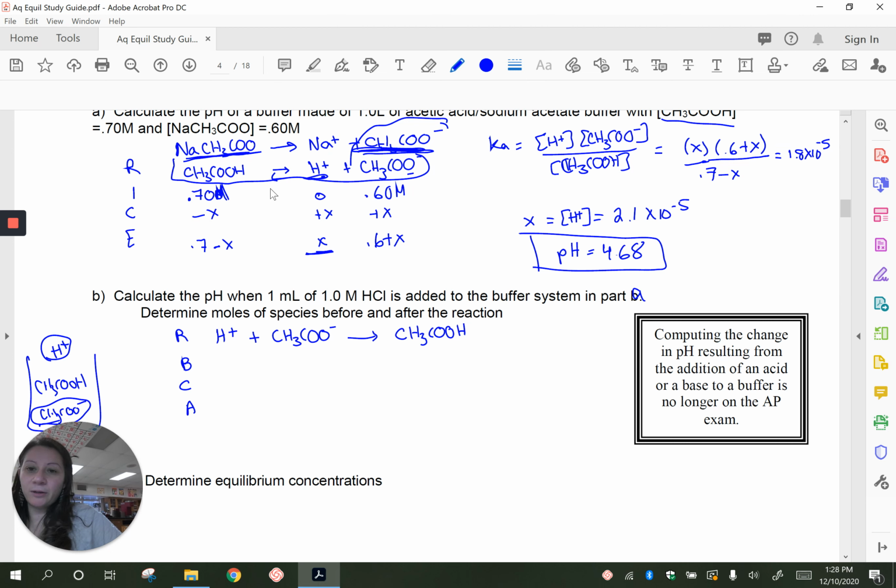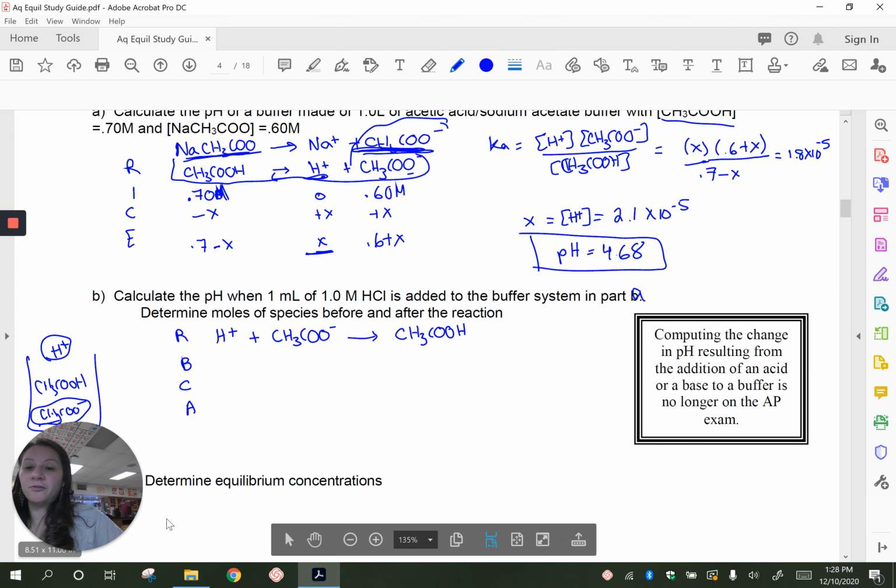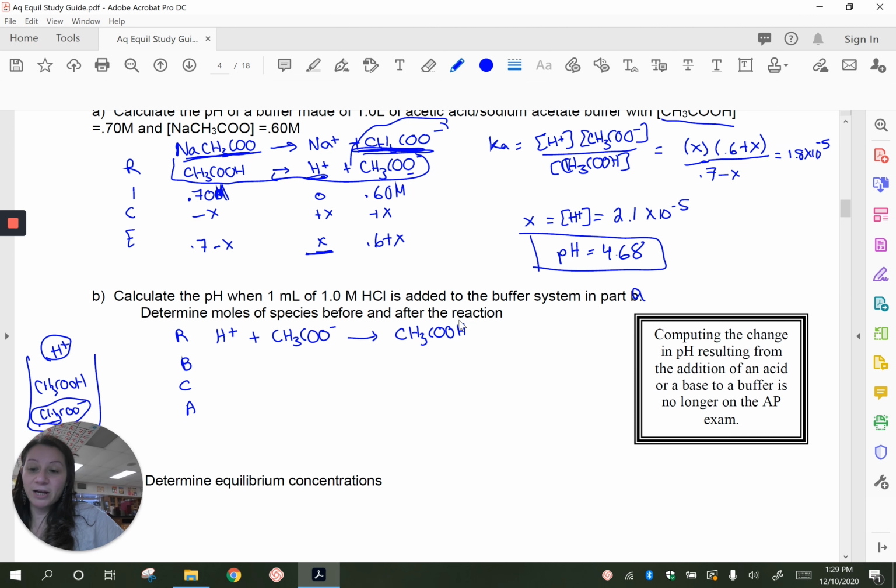This is an equilibrium, meaning it goes back and forth. Versus this BCA table or RBCA table is for one-way reactions, reactions that go to completion. So that's the difference between them here. Usually RICE charts you do in terms of molarity. Usually BCA tables you do in terms of moles.